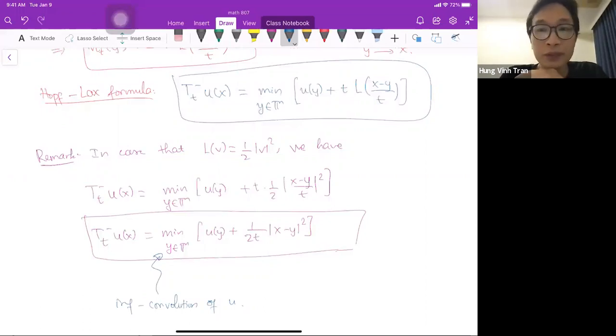It was a breakthrough that Bob Jensen used this idea to prove well-posedness for second order equations. That's really remarkable.